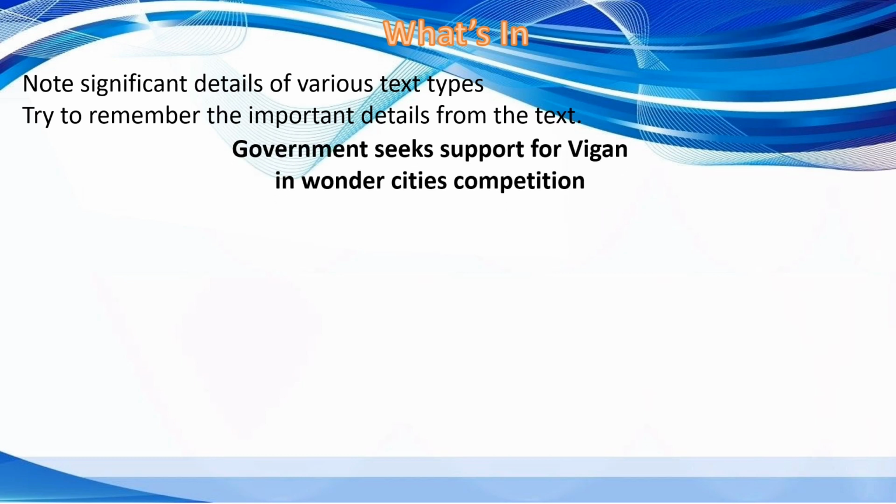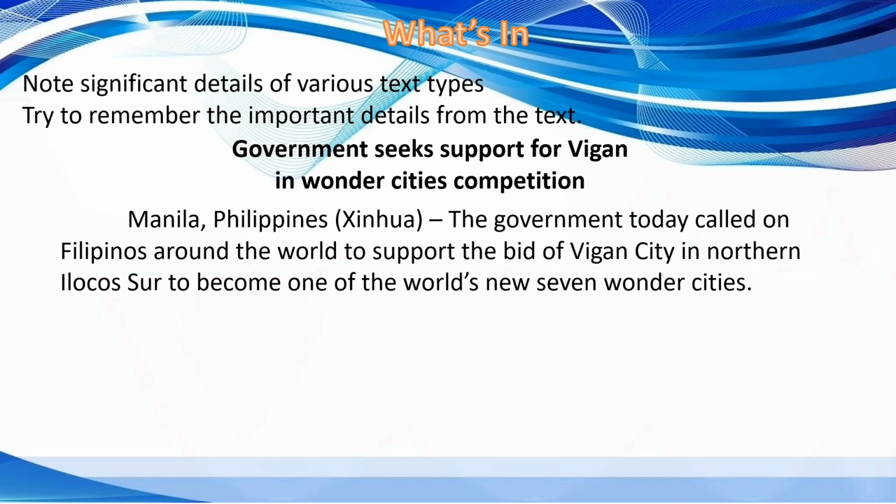Okay. The title is Government Seeks Support for Vigan in New 7 Wonders Cities Competition. Manila, Philippines. Xinhua. The government today called on Filipinos around the world to support the bid of Vigan city in northern Ilocos Sur to become one of the world's new 7 wonder cities.